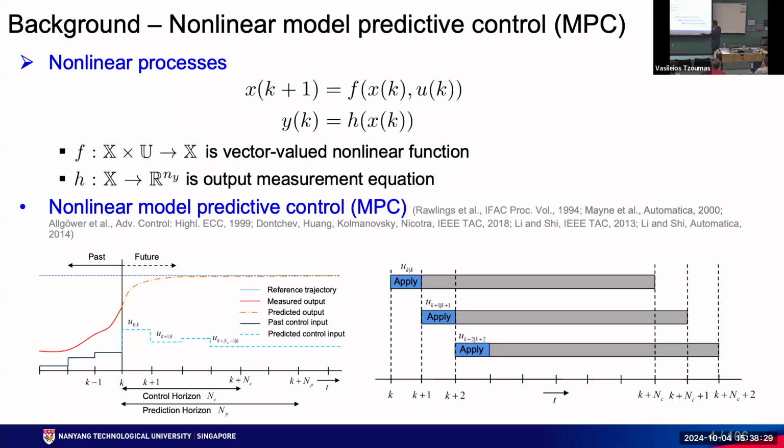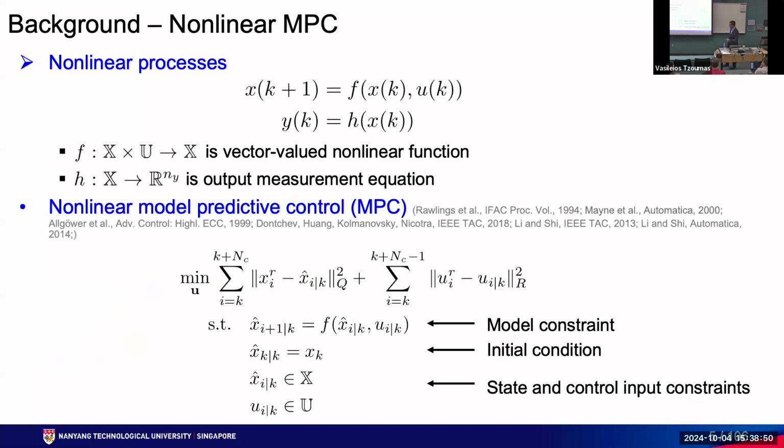It considers a fixed size control horizon, and by solving an optimization, it generates the most appropriate control actions for the future time window. Only the first one will be applied to the industrial system for closed loop implementation of nonlinear MPC. If we use a nonlinear system model, the model will be used in a straightforward manner as the model constraint.